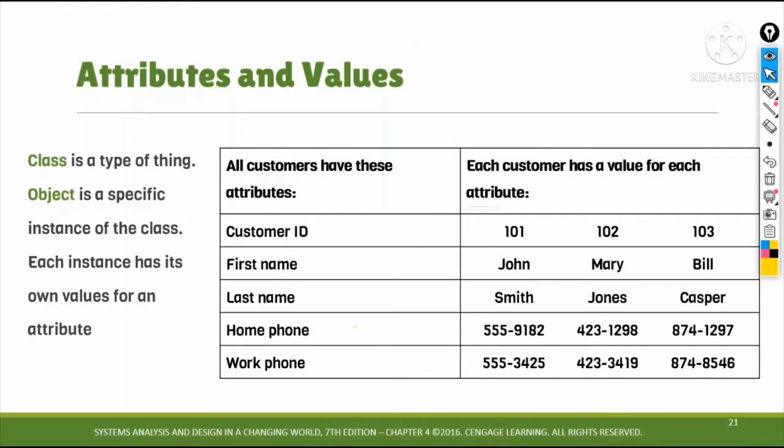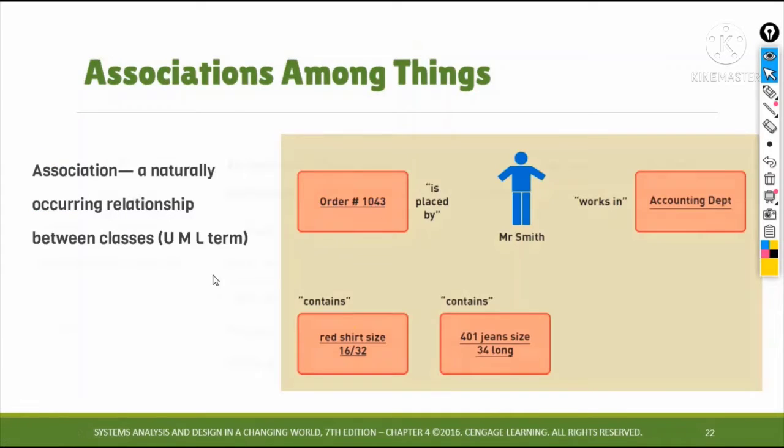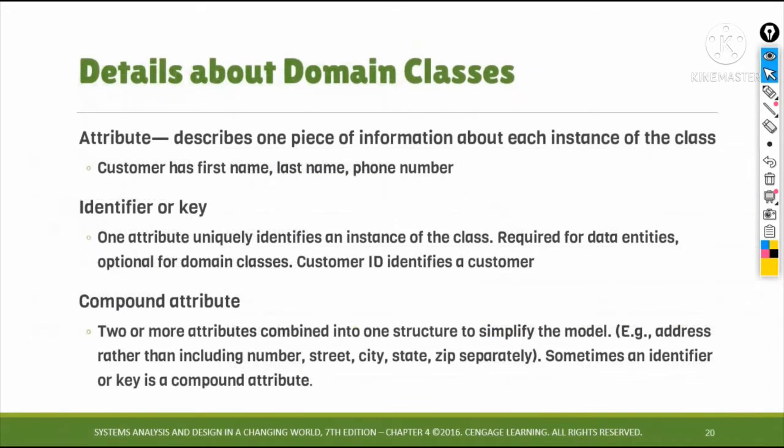So one attribute may be used to identify a specific thing, such as the social security number for an employee or an order number for each purchase.